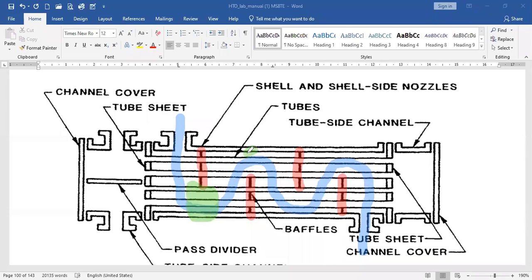That is why it is called a 25% cut segmental baffle, right? And this 25% cut part is arranged in the shell in such a way that the shell side fluid can pass through that space, right?